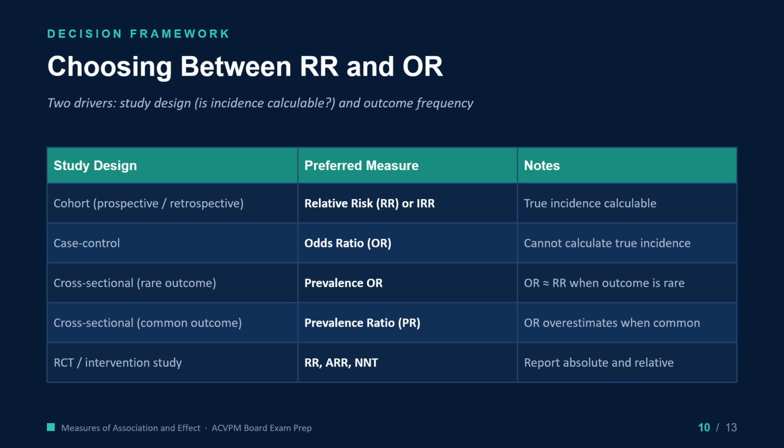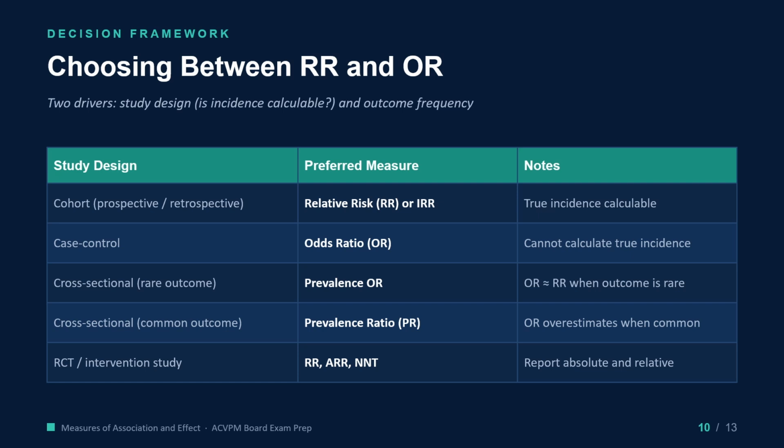Study design comes first. In a cohort study, we follow a defined population over time and directly observe who gets sick. Because we're tracking everyone from the start, we can calculate true incidence proportions in both the exposed and unexposed groups. This means we can and should calculate the relative risk.